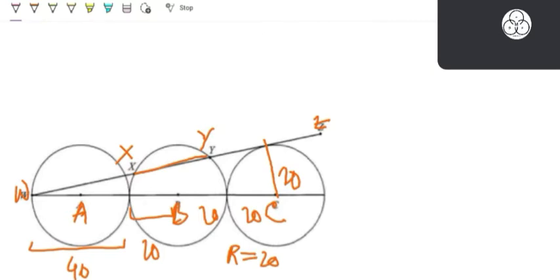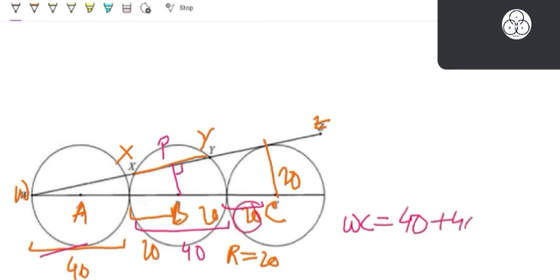Let us drop a perpendicular there, from ABC. Let me name it as P. So what will be the length of WC? 40. This is also 40. And this is 20. 40 plus 40 plus 20, right? Which equals 100. And this is 20. Now we can apply similarity over here.